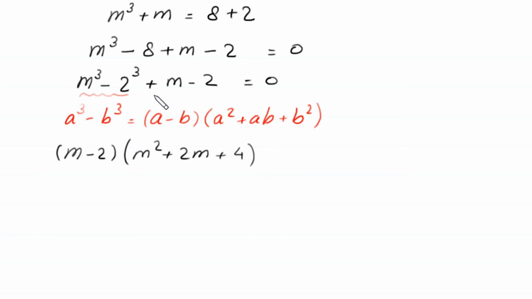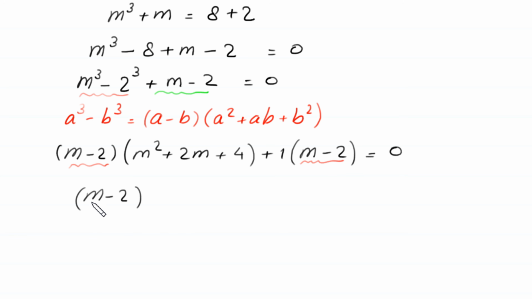And from these two terms, plus m minus 2, we can factor out plus 1. Plus 1 as a common factor, and in bracket left m minus 2 is equal to 0. Now this expression m minus 2 is a common factor. So we factor out this m minus 2, and in bracket left, this m squared plus 2m plus 4, this plus 1.